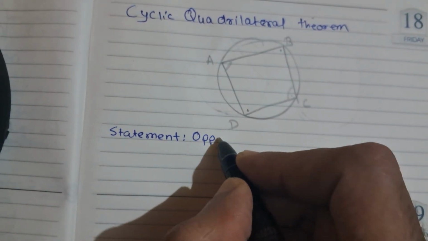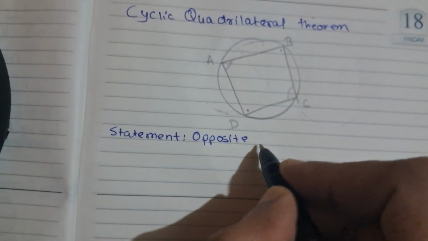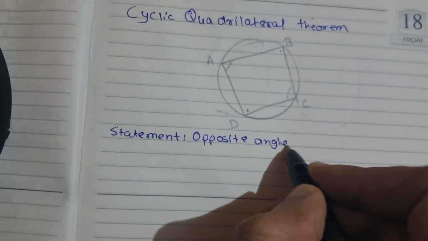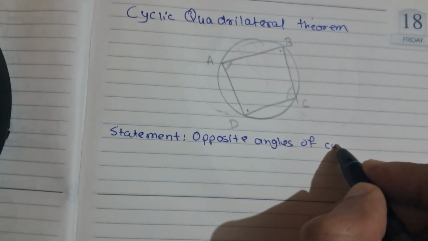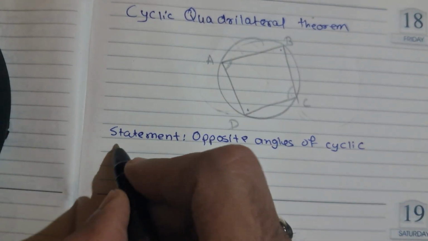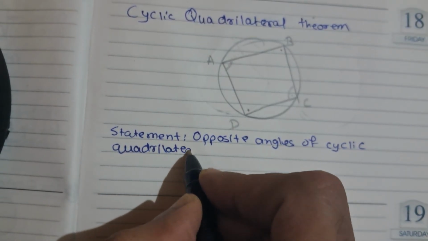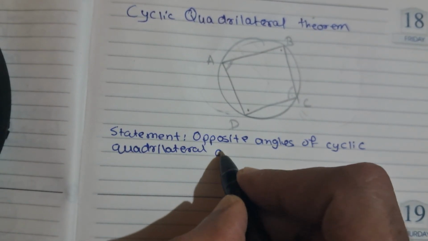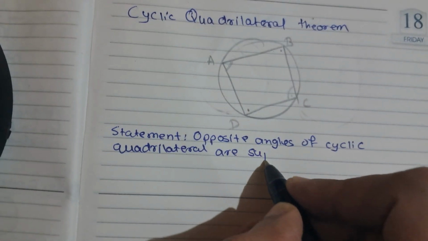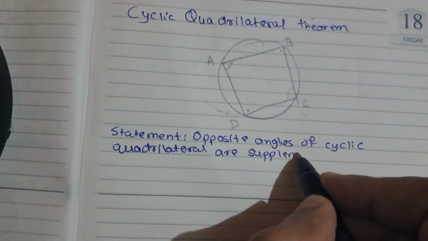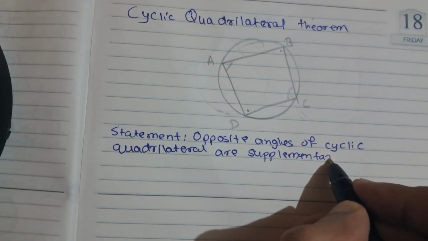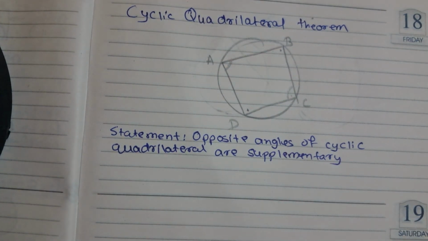Opposite angles of a cyclic quadrilateral are supplementary. Okay, so this is what I need to prove. So let's start proving it.